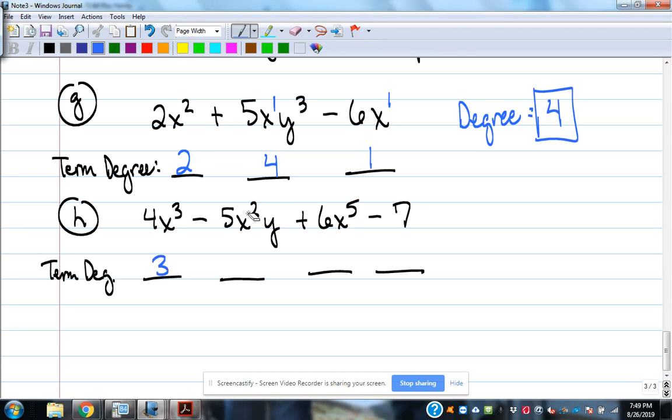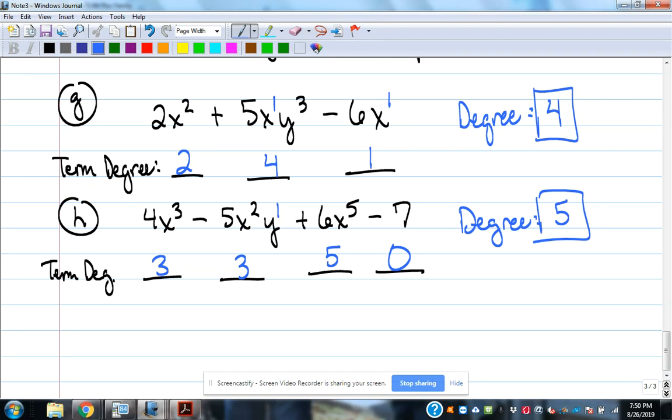What's the degree of the second term? 3. 2 plus 1. Degree of the third term. What's the degree of the fourth term? 0. There's not a variable, so the degree is 0. What's the degree of the polynomial? It's 5. Super easy, right? That's not real hard to do there.